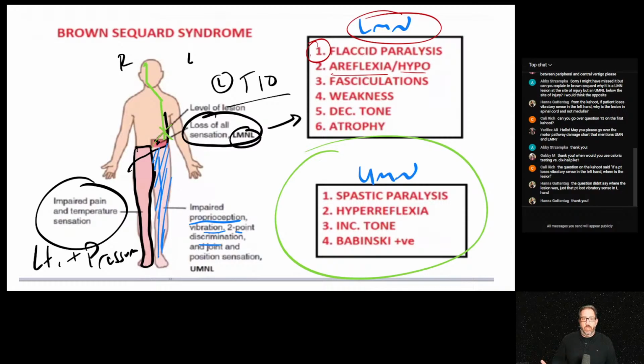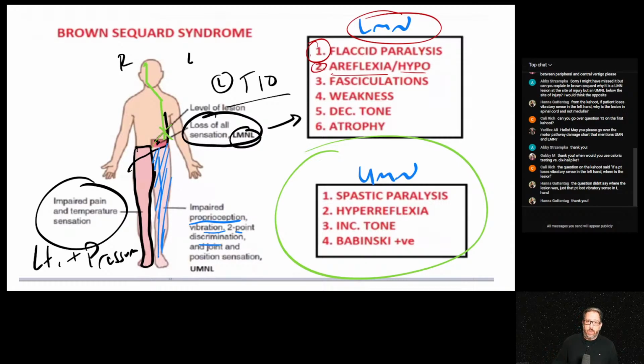Remember on those reflex arcs, it goes sensory right into the spinal cord, and it's going to bounce to the lower motor neuron to go to the muscle so that you have your reflex. But your lower motor neuron is damaged, so that reflex arc is gone. It doesn't work anymore. So that's why you have areflexia or hyporeflexia.